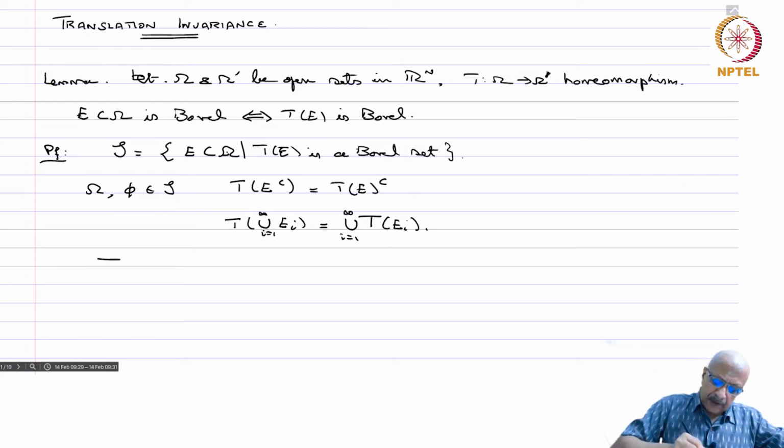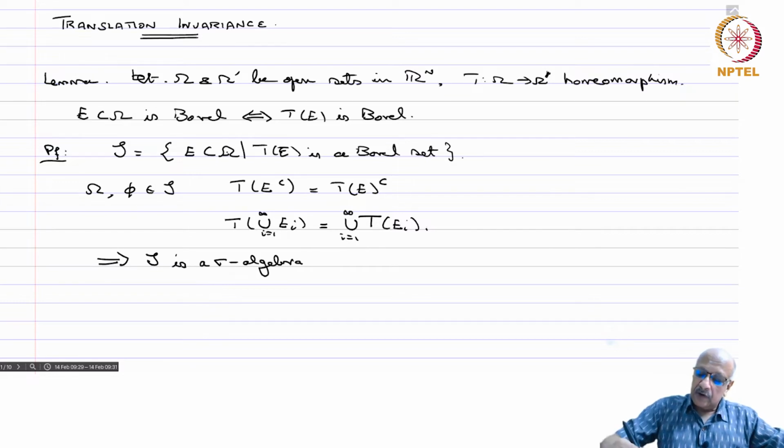And therefore, from these two facts, it follows that S is a sigma algebra, because this shows that it is closed under countable unions and this shows that it is closed under complementation, and therefore S is a sigma algebra.